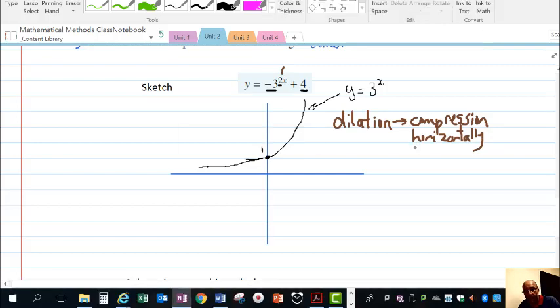So one way of saying that is it has a dilation from the y-axis of a factor of 1 on 2. Half. So it's compressed horizontally, compared to what's going on at the y-axis.